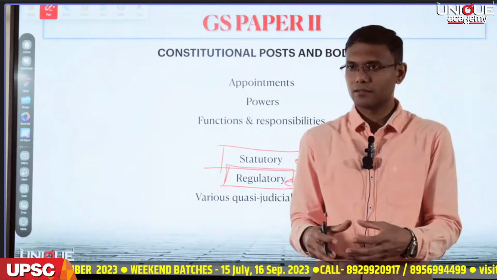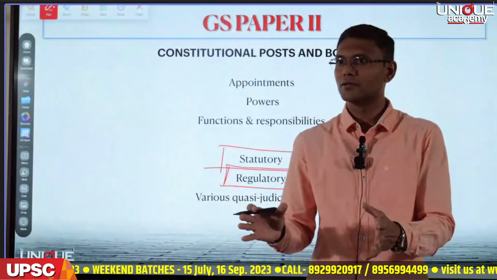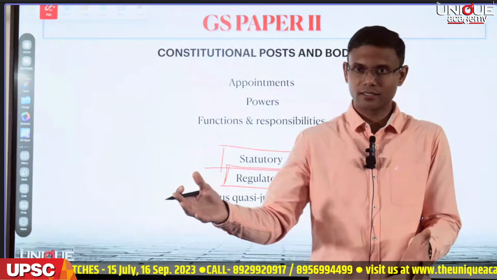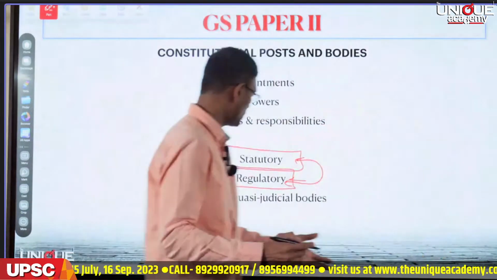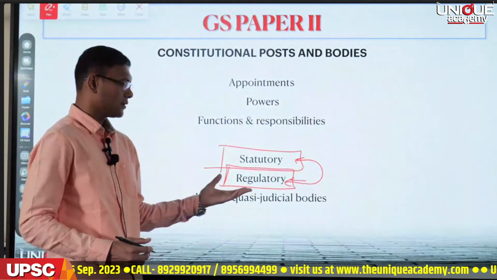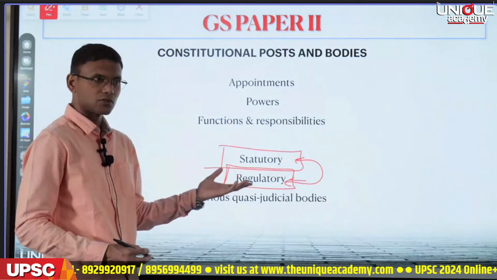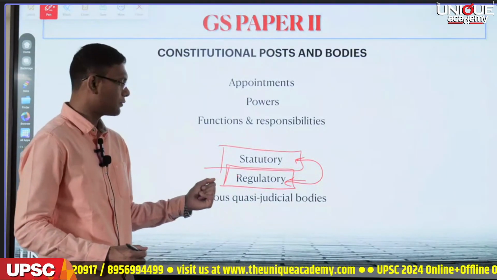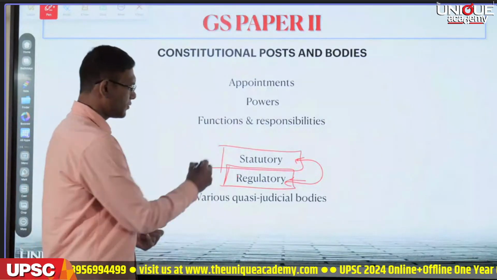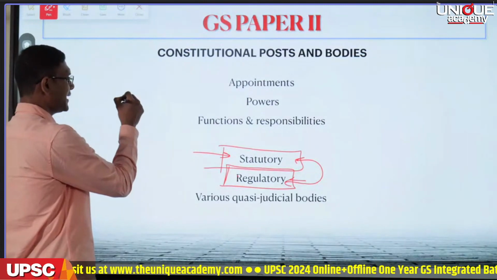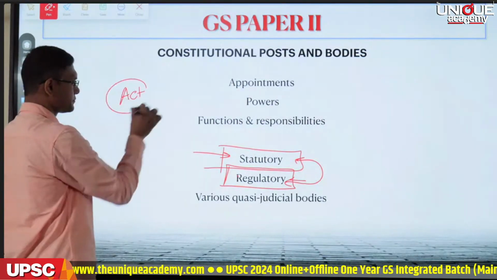So it is basically the rule of law, correct, and not rule by men. Am I correct? Right? So you have to have legal backing for your agency to work or to regulate. What do you mean by statutory agencies? Statute is nothing but an act.